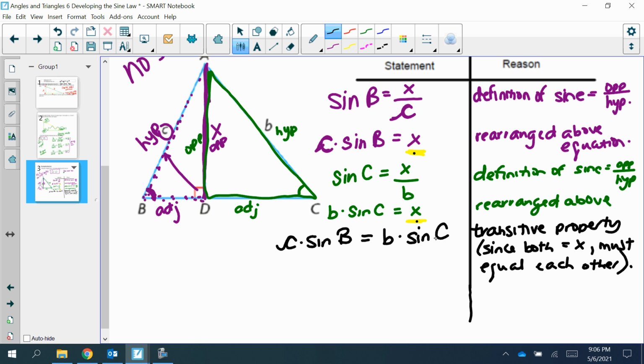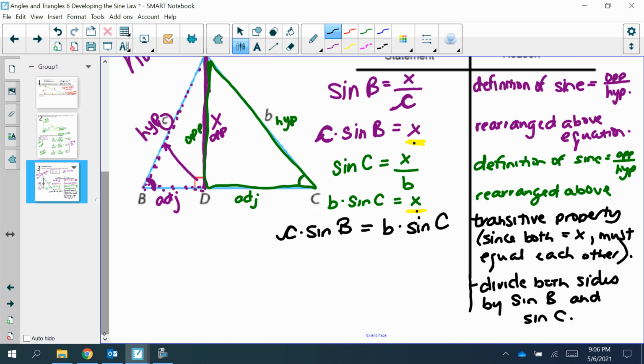And so now what we have, so we have side length c multiplied by the sine of b is equal to side length b multiplied by the sine of angle c. And so now what I'm going to do for this step, I'll write it out here first, is I'm going to divide both sides by sine of b and sine of c.